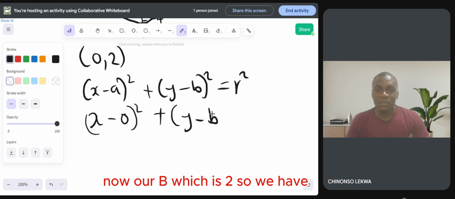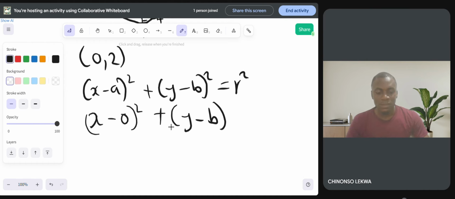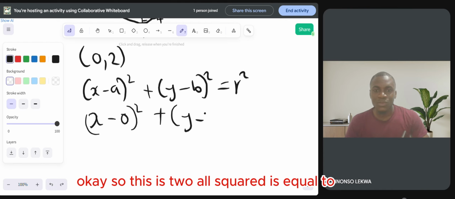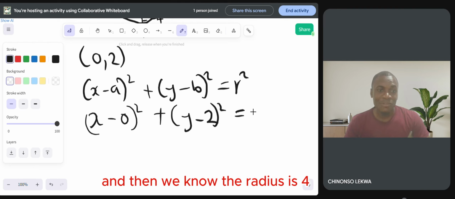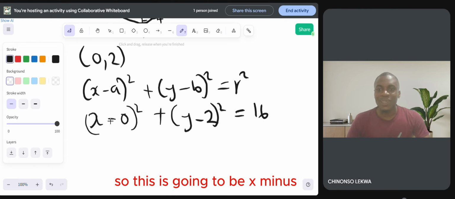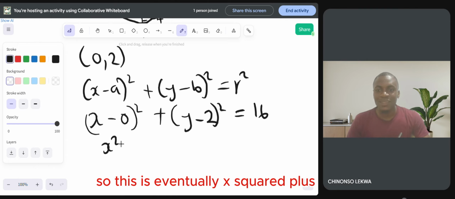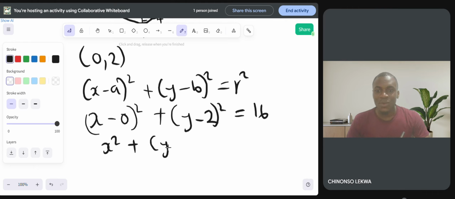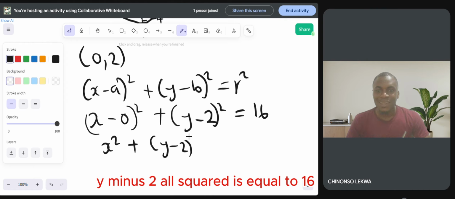So this is y minus 2 all squared is equal to, and we know the radius is 4, so that would be 4 squared, which is equal to 16. So x minus 0 is eventually x squared, plus y minus 2 all squared is equal to 16.